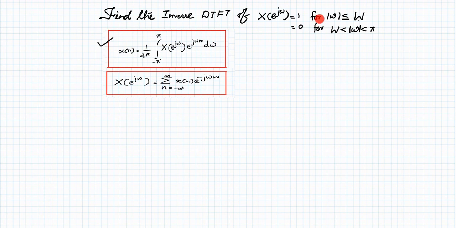Now we will look at the signal. What is the shape of the signal? From the formula, it is given |ω| ≤ W, which means minus W ≤ ω ≤ W. That's the meaning of modulus.